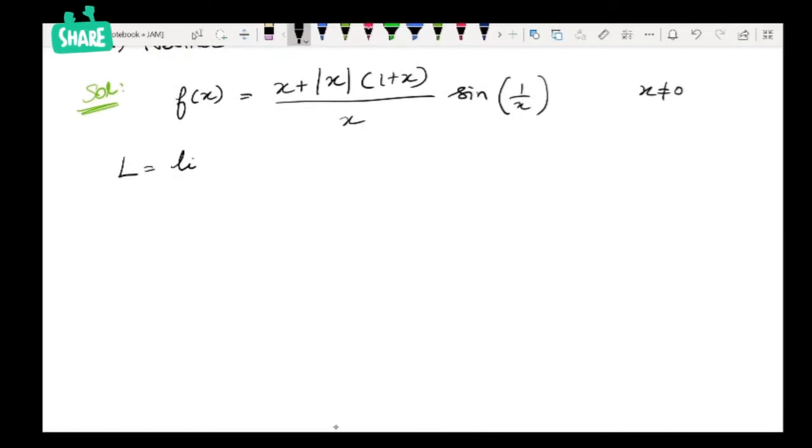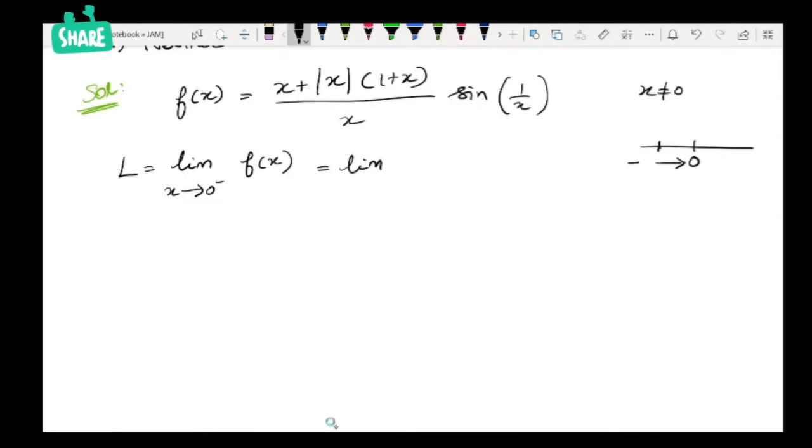The left limit, x tends to 0 minus f of x, is equal to the limit. Whenever we have a point, we need to take a limit from the left. It means we will assume a positive quantity h.